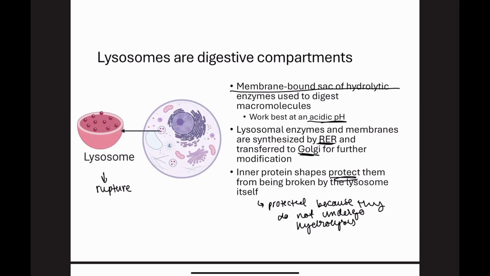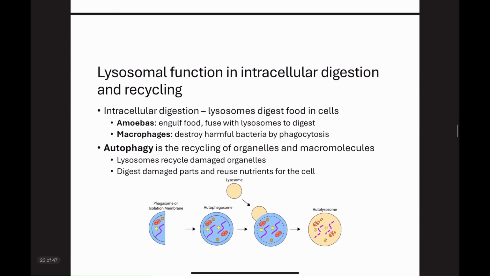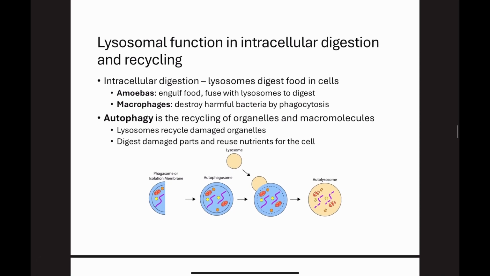So our lysosomes have a variety of functions, right? One of their functions is intracellular digestion. And what happens during intracellular digestion is that lysosomes are going to digest food in cells. For example, when we're talking about amoebas or other unicellular organisms, they feed by phagocytosis.